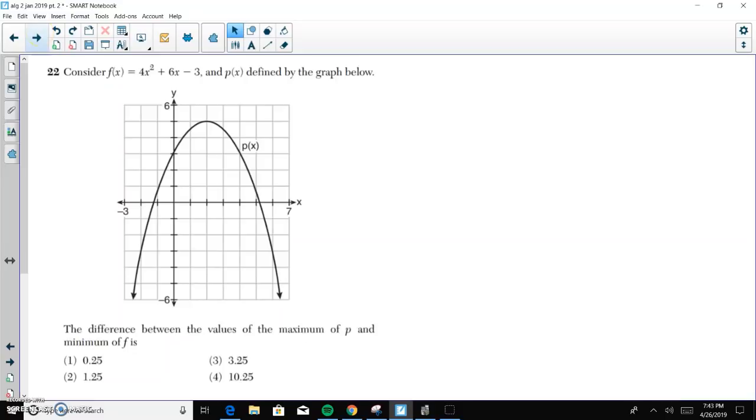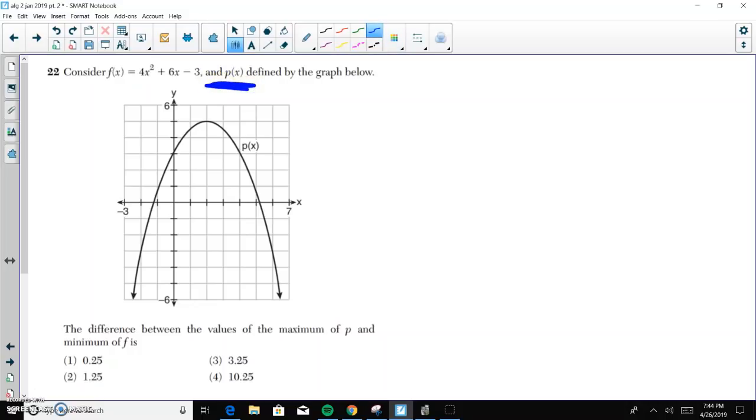Alright, now let's look at number 22. Consider f of x equals 4x squared plus 6x minus 3, and p of x defined by the graph below. The difference between values of maximum of p and minimum of f is... Okay, so what's graphed is p of x.